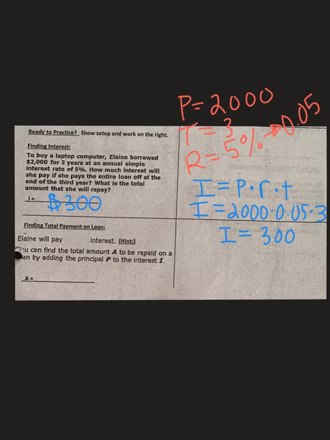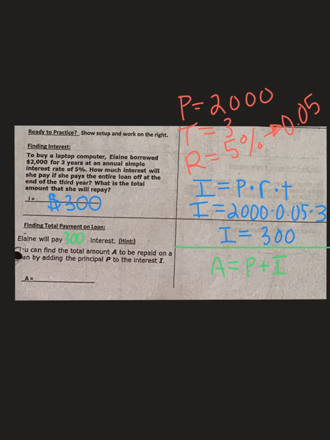Now the second part of this question asked us to find the total amount that she will repay. So the bottom part says Elaine will pay, and we can fill in our 300 because we know she'll pay $300 in interest. And we have to find A. So remember, our total amount is our principal plus our interest.